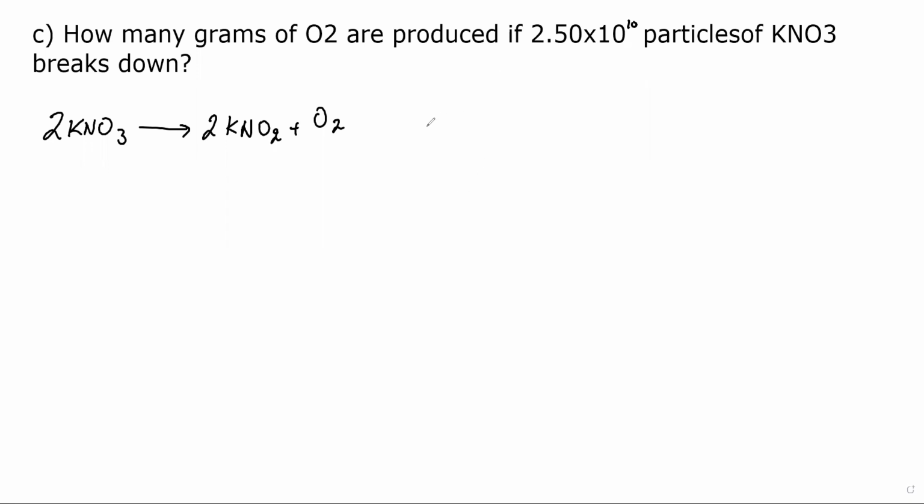You should know that 1 mole of any element, let's say in this case KNO3, because that's what we have, is going to be equal to 6.02 times 10 to the 23 particles of the compound.